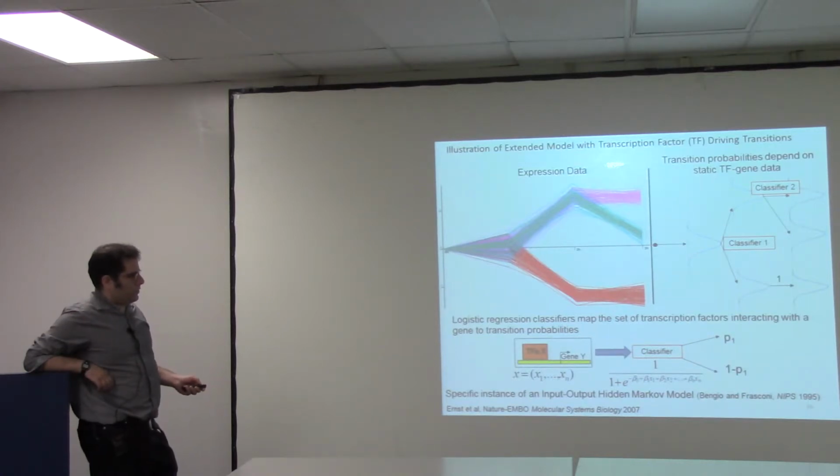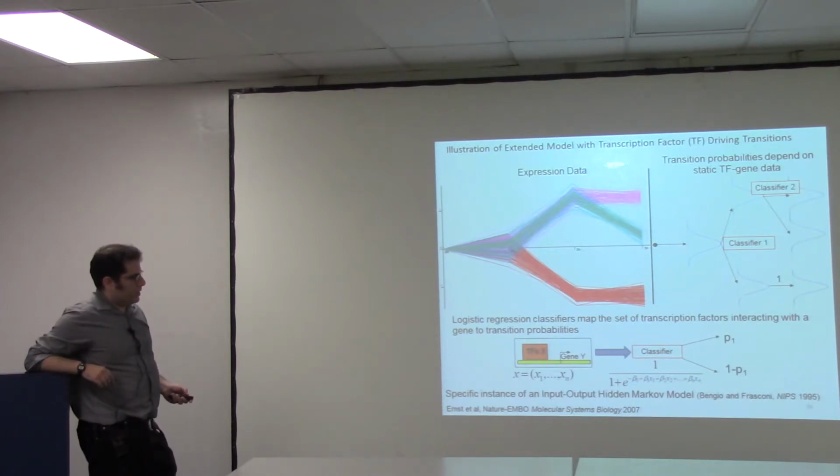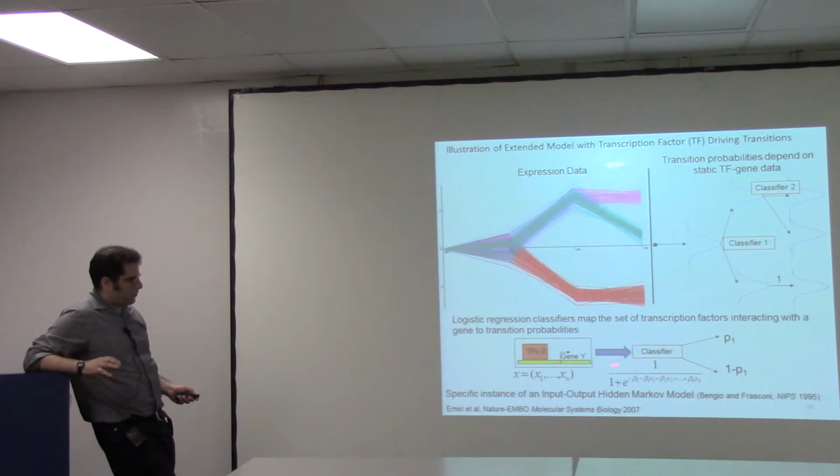And we use a logistic classifier, so it gives those well-defined probabilities. And what we would need to do is learn the weights. These are parameters associated with each of the input features. So for a given gene, we're taking this vector of which transcription factors bind it. It'd be a 0, 1 vector, we're going to assume for now, and it could be extended to associate activation and repression.